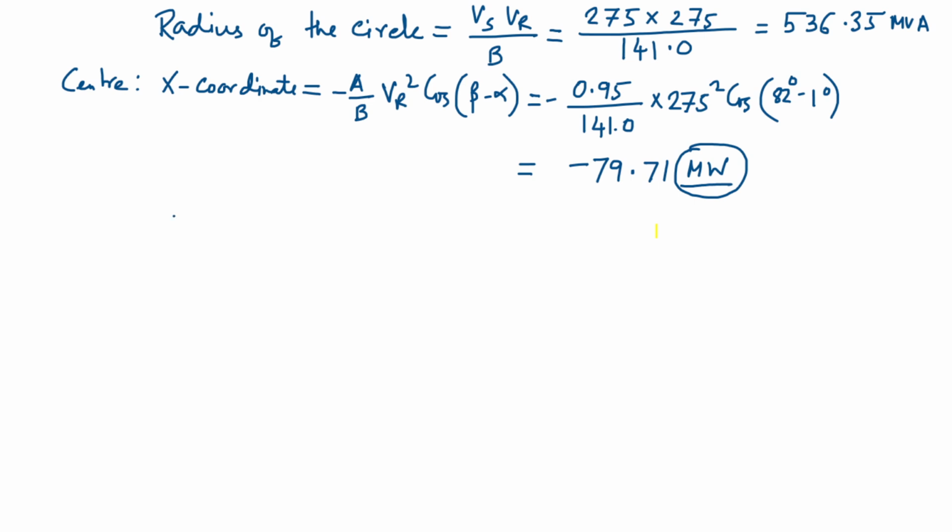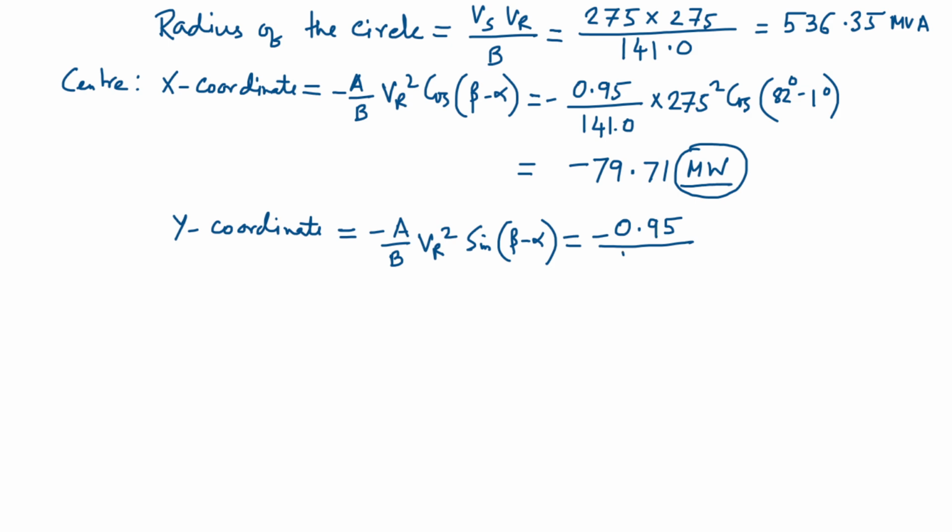The y coordinate also. The formula is minus A by B VR square sine beta minus alpha, which is equal to minus 0.95 divided by 141.0 into 275 whole square sine 81 degree.